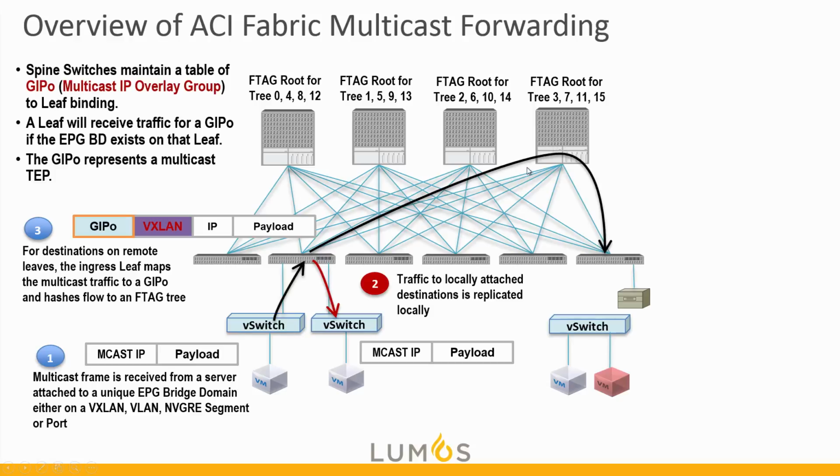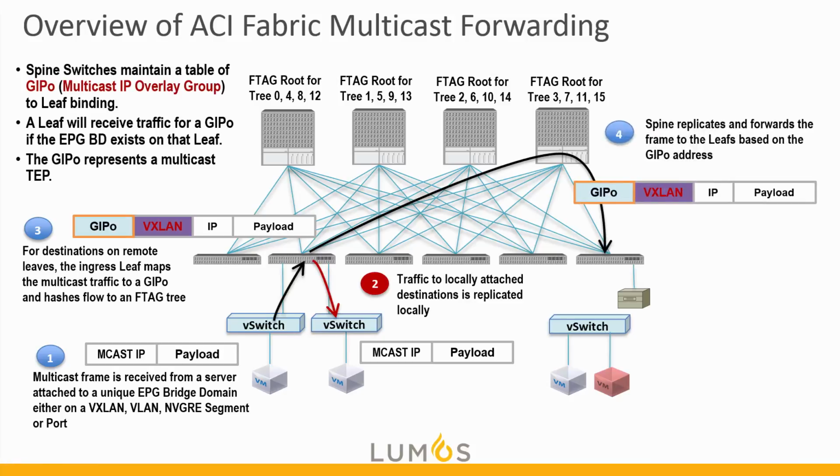In this case, let's say the F tag is F tag 11. It would get sent to spine 4, and then if the traffic were going out to multiple leafs, it would get redistributed back out to all the leafs, but with this being the root for that multicast tree. It's going to be replicated, and then when it gets to the leaf, that group IP as well as the VXLAN will be removed, and the traffic will go down to the receiver.